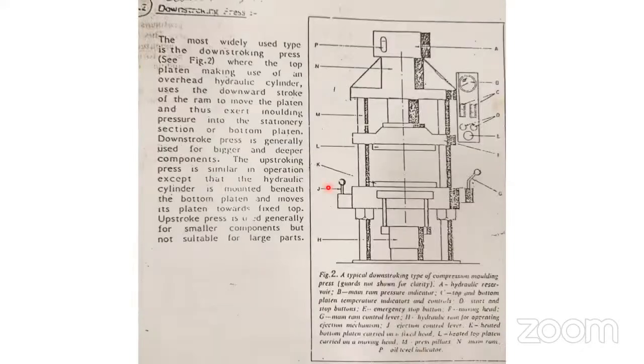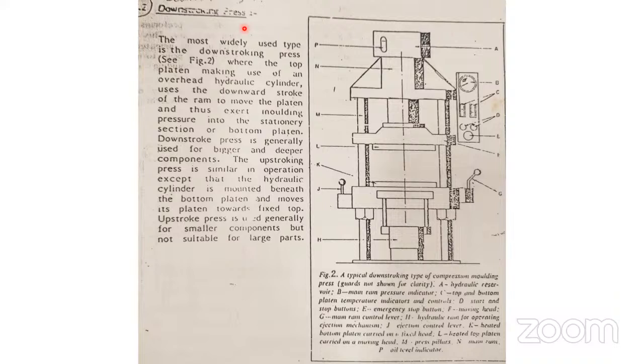Now, this is a hydraulic press. If you see, there are two types of press: downstroke press and upstroke press.